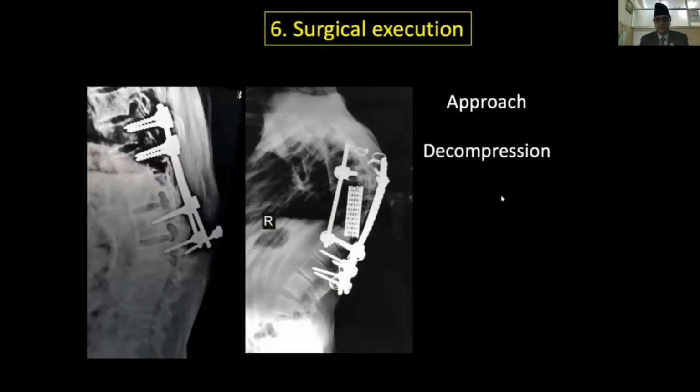Surgical execution is very important, otherwise you can land up in these sort of failures with implant failures, construct failures, adjacent segment kyphosis. So we need to have special attention to the other details apart from approach. Decompression remains the mainstay of neurological recovery.